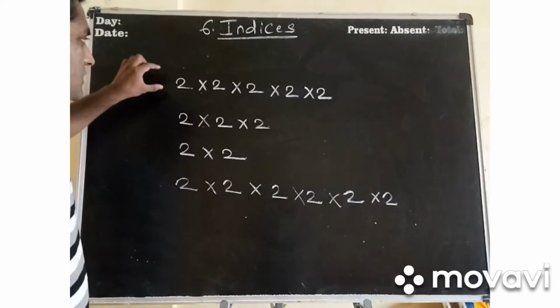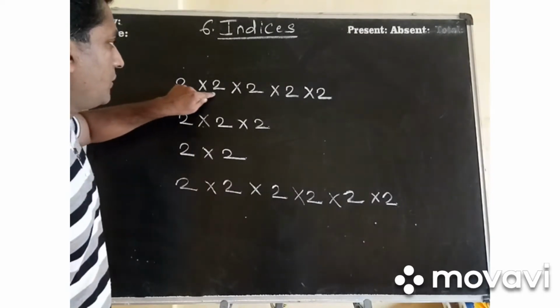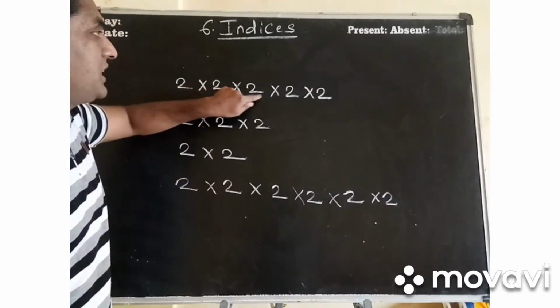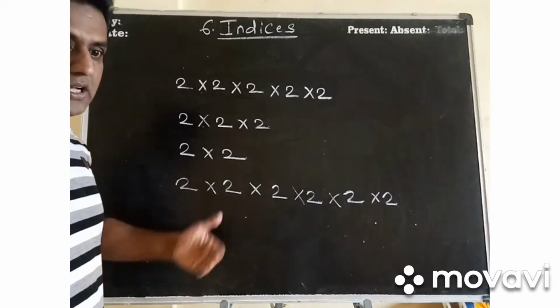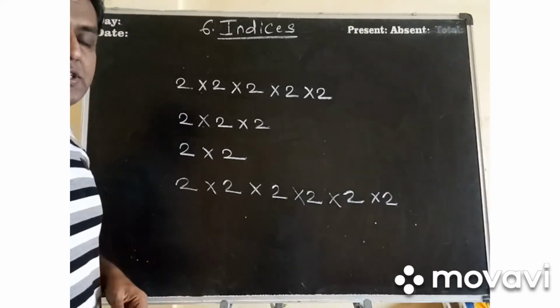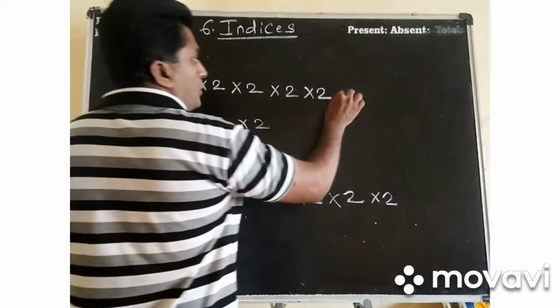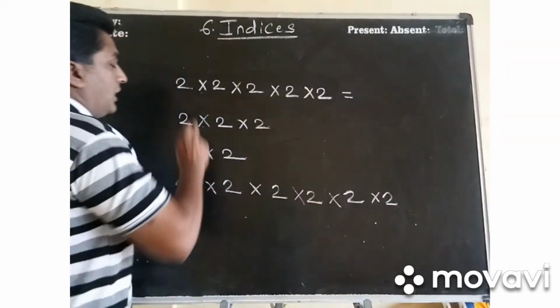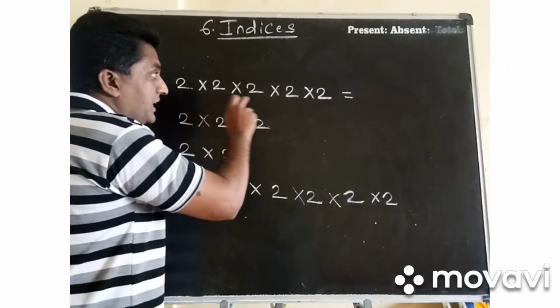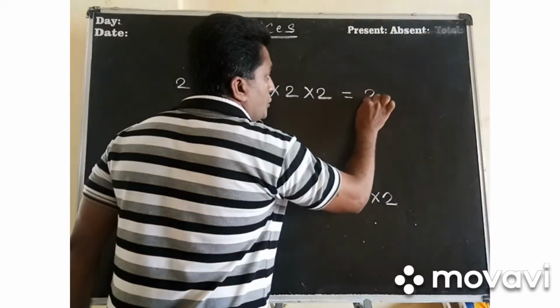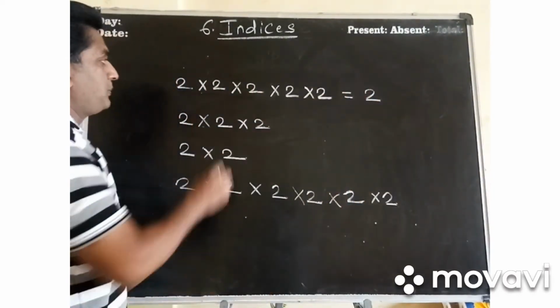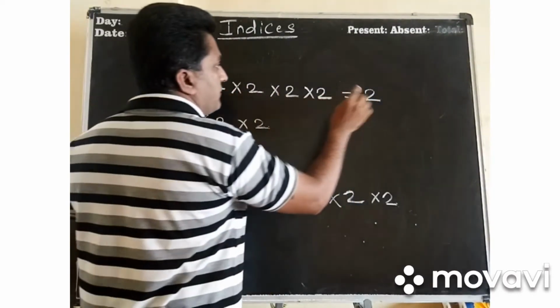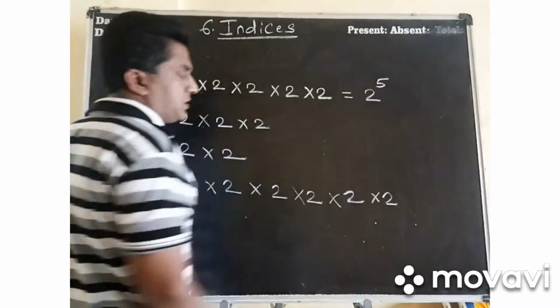Here you will see the same number being repeatedly multiplied with itself. Then how to write it in the form of its value? You have to write down as it is the number which is repeating again and again. So that is 2. How many times has it repeated? 1, 2, 3, 4, 5. 5 times it has repeated.